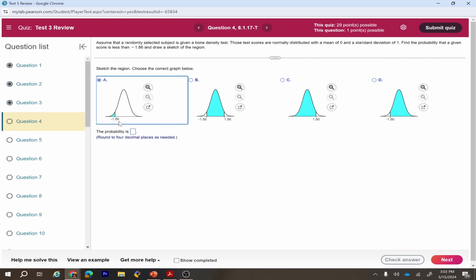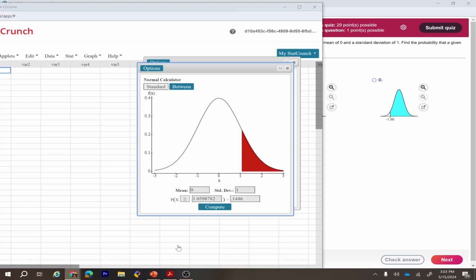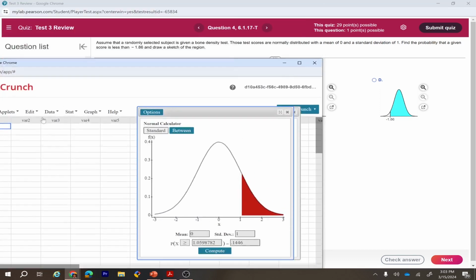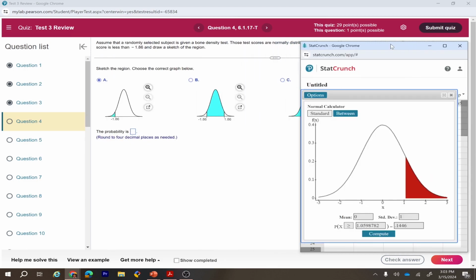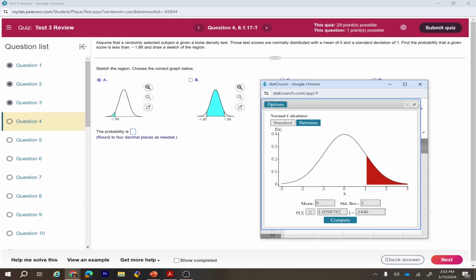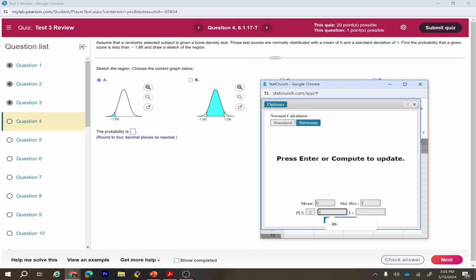And then the probability you can find by using the same calculator. Just go here and I'm going to replace the z-score, supposed to be negative 1.86, but also make sure that the area is on the left side.